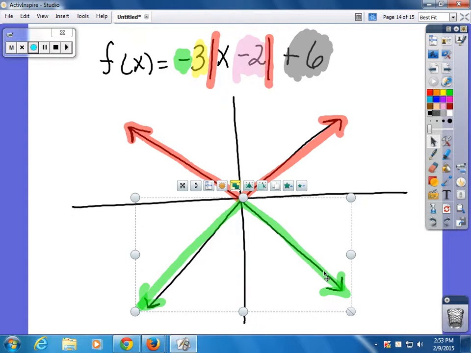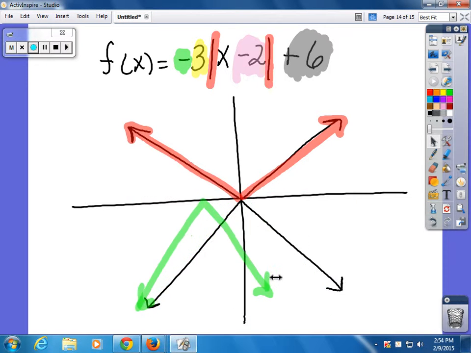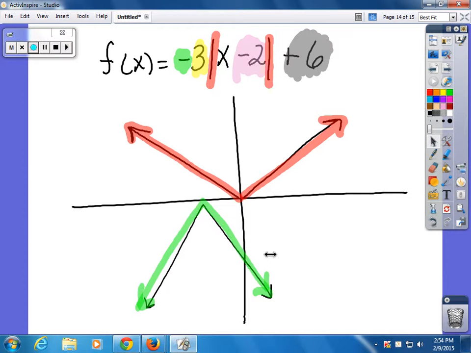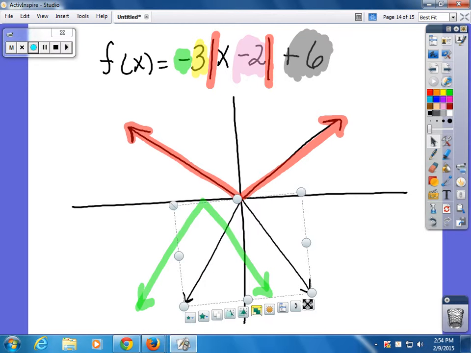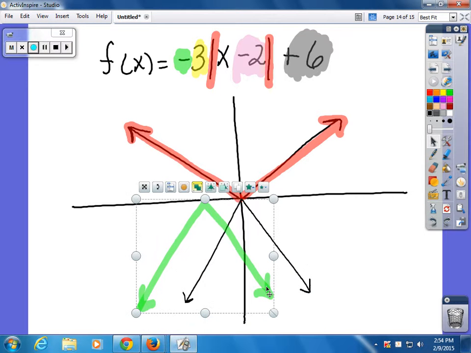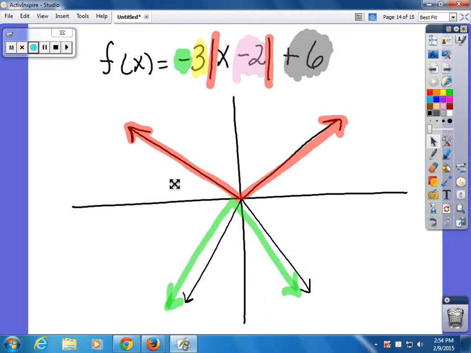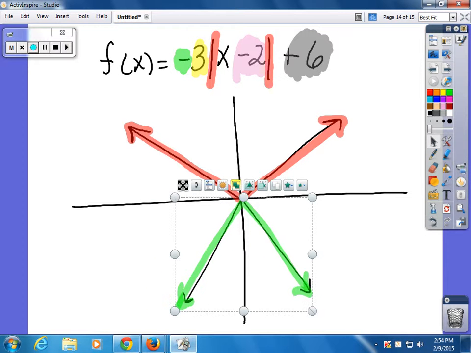Okay, now what? What is the 3, fellas? Makes it narrower. There we go. Okay, and that takes care of, and I'll just draw, well, now it's yellow.